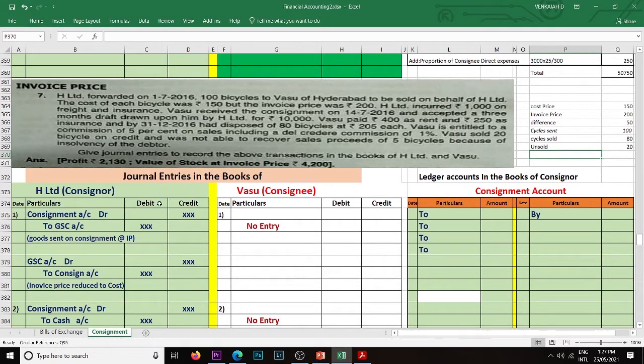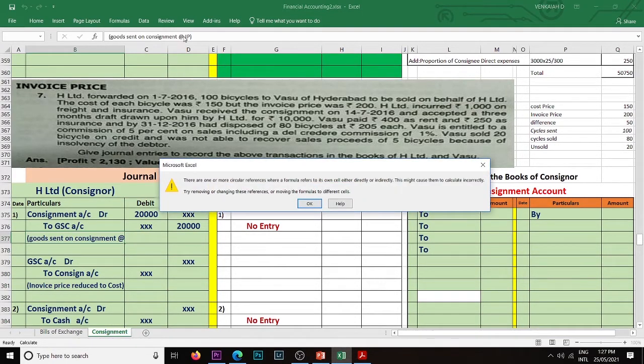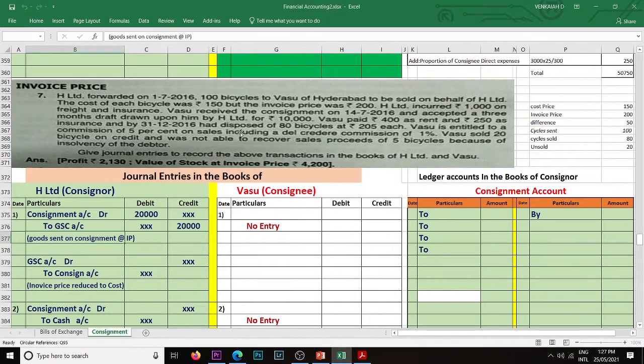Consignment account, related to goods sent on consignment, 100 bicycles at the rate of 200, is 20,000. Invoice price is how much? 200.